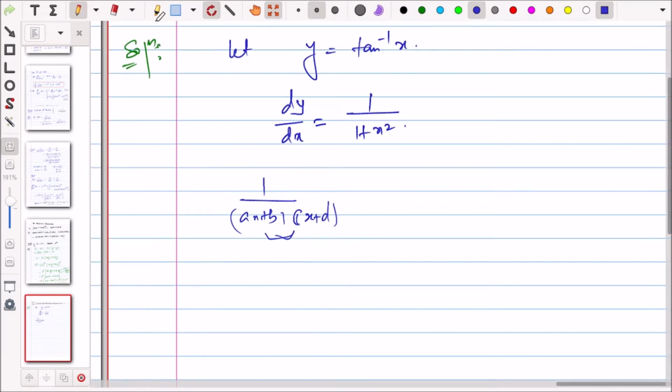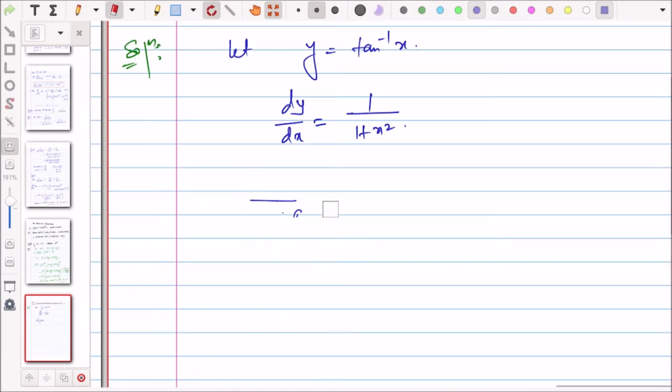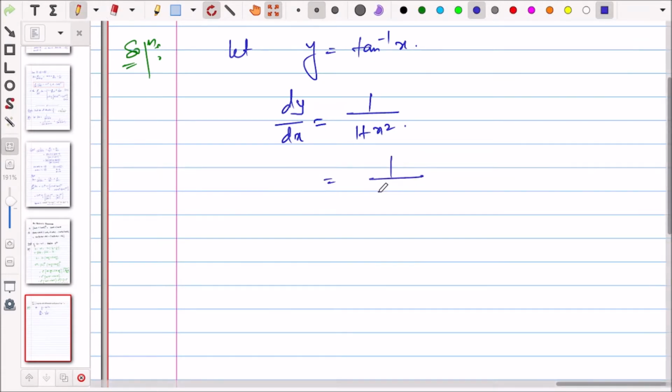But we know that we can decompose it when we use complex numbers. So we can write it as x plus i, x minus i, right? Because it will become x square minus i square, and minus i square is 1, right?